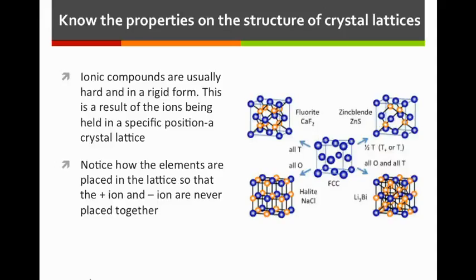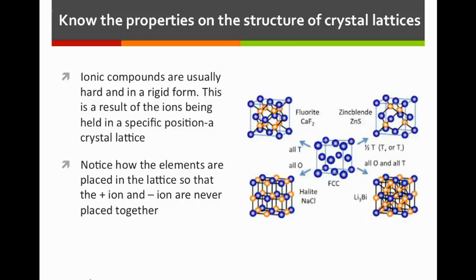Now, in ionic compounds, we find them oftentimes to be hard and rigid because oftentimes in the solid phase, they are in a crystal lattice. You'll see some crystal lattices on the right.